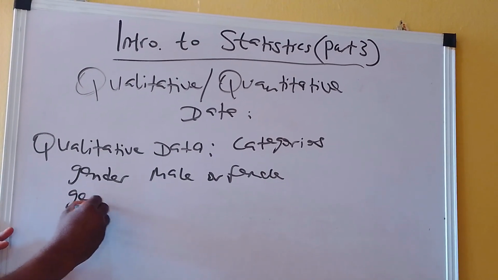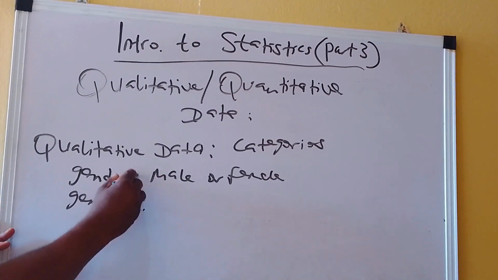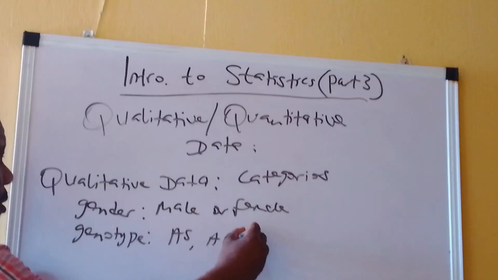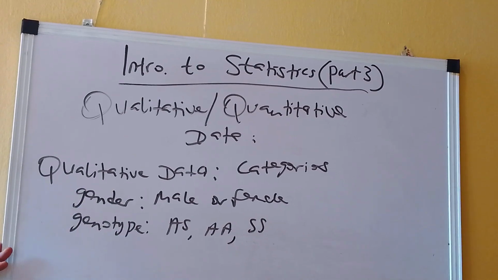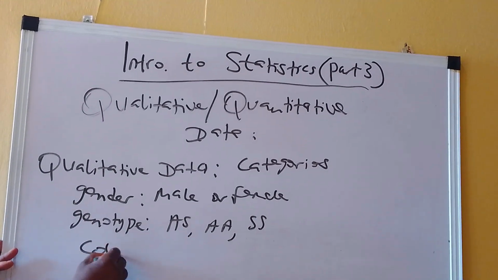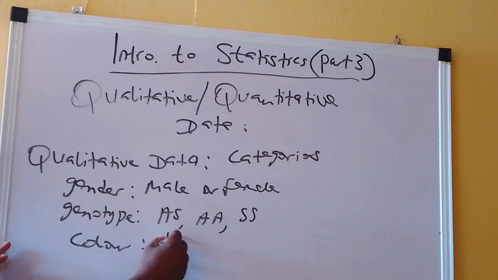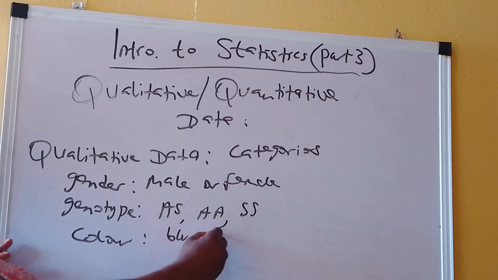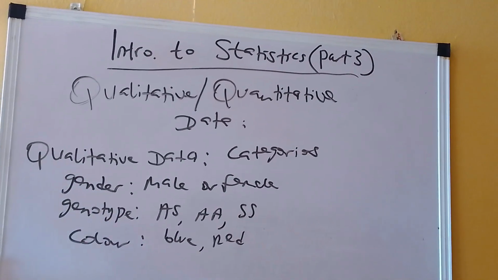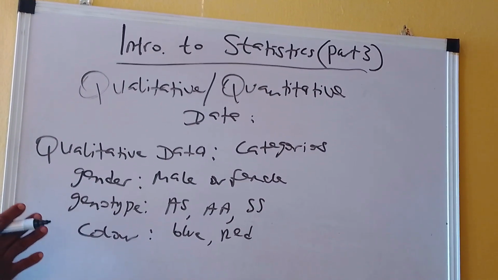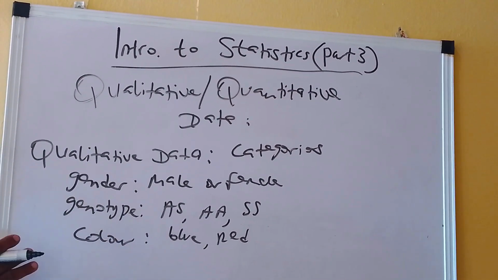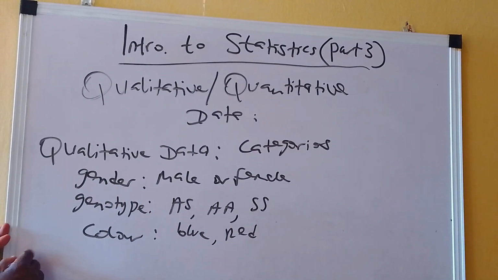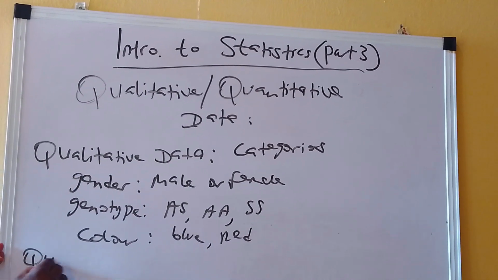Then we have genotype. Genotype can either be AS, AA, or SS. Then we have color. You can have blue, red, and so on. So qualitative data are data that can be categorized. Are you getting me now? Then the other type is the quantitative data.